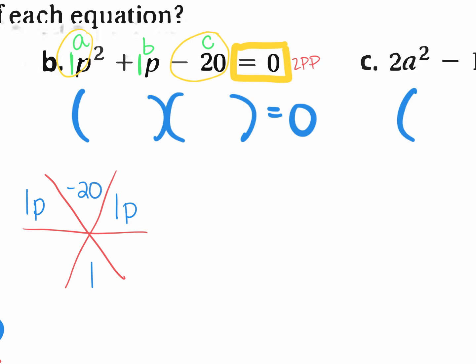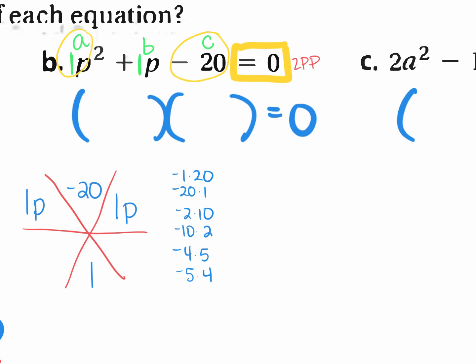So now we got to go through all the ways to make negative 20 that might also make 1. So is it negative 1 and positive 20 or negative 20 and positive 1? Is it negative 2 and positive 10, or is it negative 10 and positive 2? Is it negative 4 and positive 5, or is it negative 5 and positive 4?